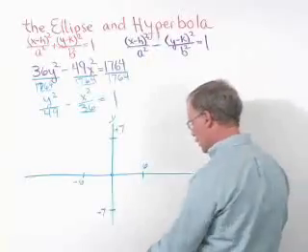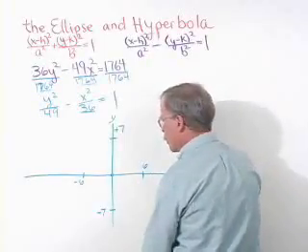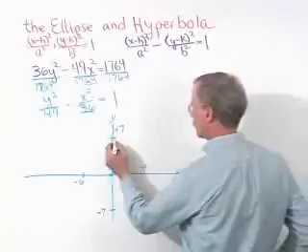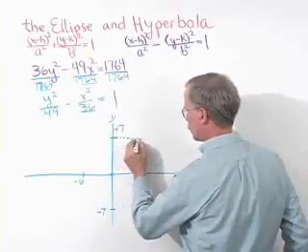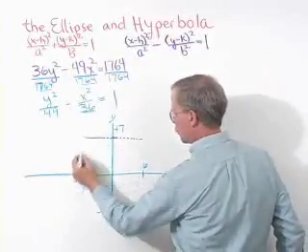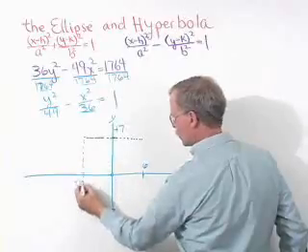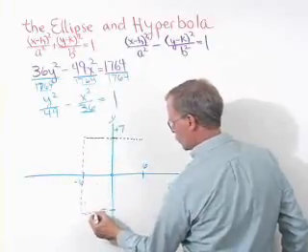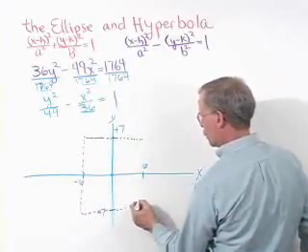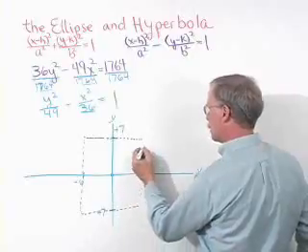What that will give us is a rectangle over here, down through, over, and back up again.